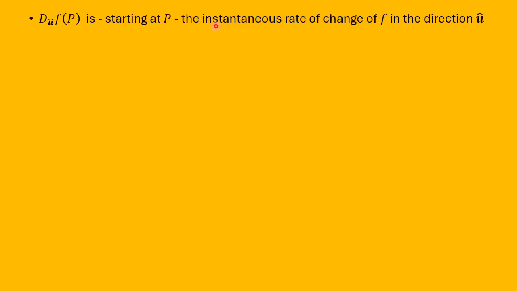The directional derivative of f in the direction u at the point P is the instantaneous rate of change of f starting at the point P in the direction of the vector u hat. So here's a picture with x and y axes. Here's a point, let's say its coordinates for instance could be 1, 2.